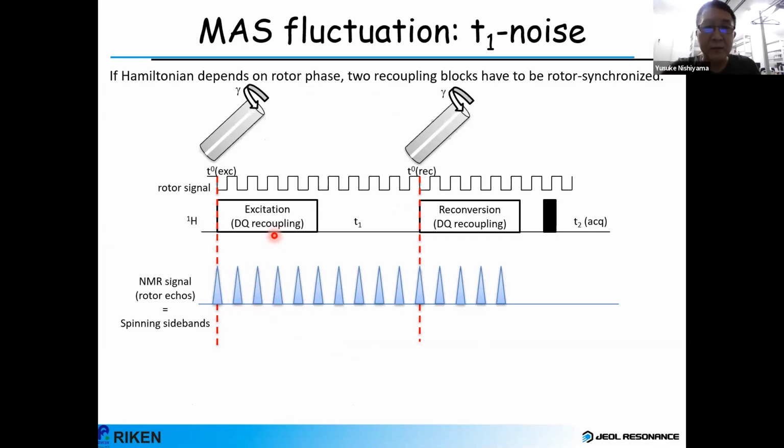Then the excitation pulse and the reconversion pulse must be applied synchronous to sample spinning so that the reconversion pulse refocuses this at the top of the rotor echoes. Then a small fluctuation introduces a large fluctuation of signal intensity, and that results in huge T1 noise.